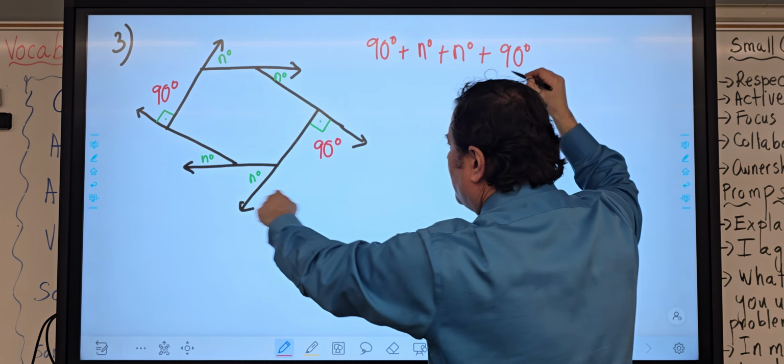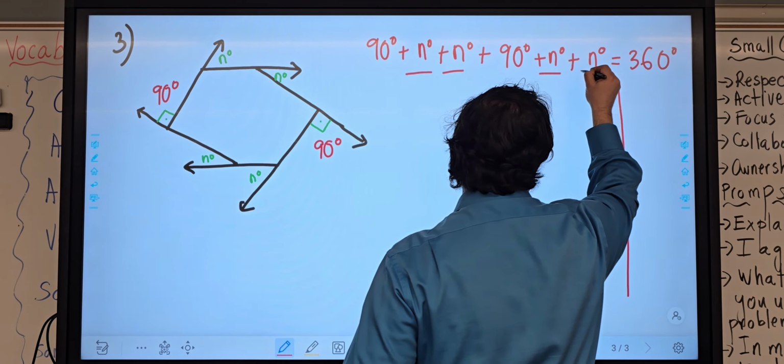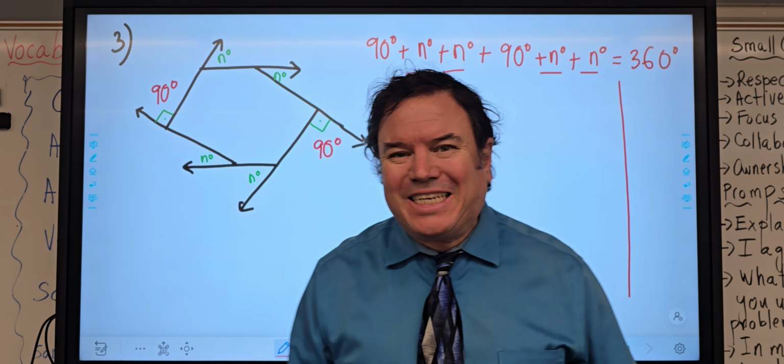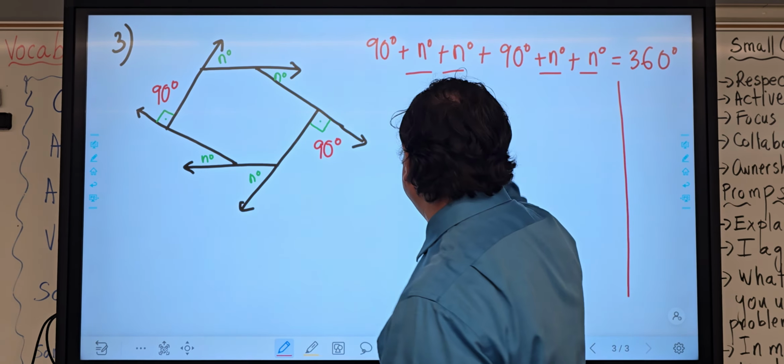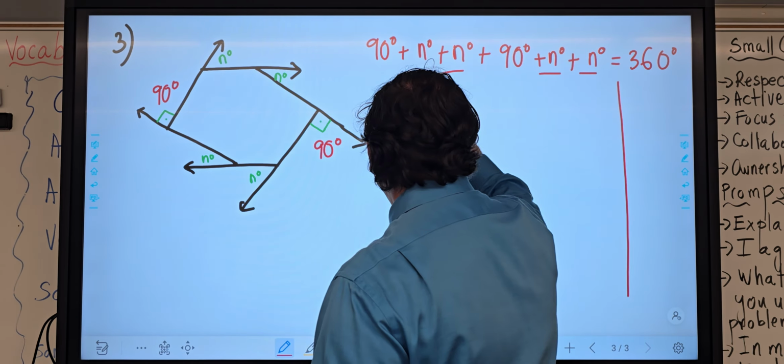The same thing, we are going to combine the like terms. We have one n, another n, another n, and another n. N plus n plus n plus n becomes 4n. And then let's combine the 90 plus 90. 90 plus 90 becomes 180 plus 180 equals 360 degrees. And now let's solve this two-step equation.